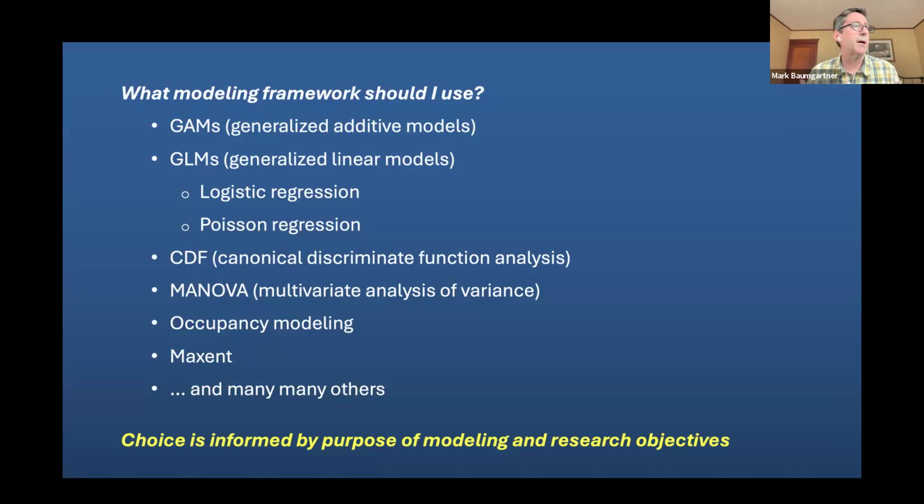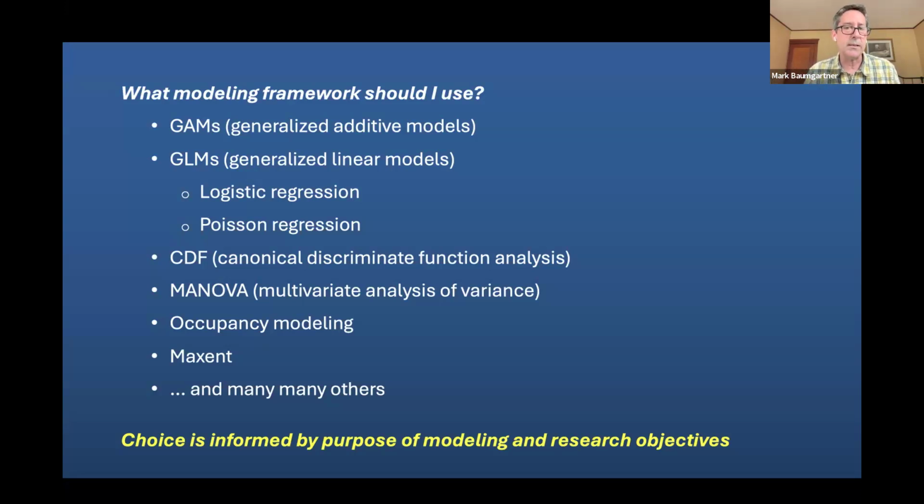Then there's what I mentioned before as descriptive statistics. There's ways to go about trying to tease out what factors in your environmental space help to discriminate, for instance, between different species distributions? Canonical discriminant function analysis is really a handy way to go at that.